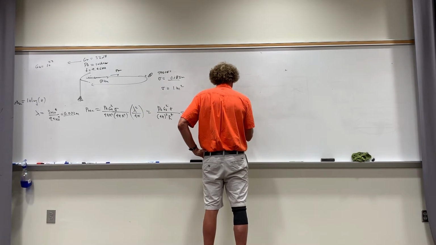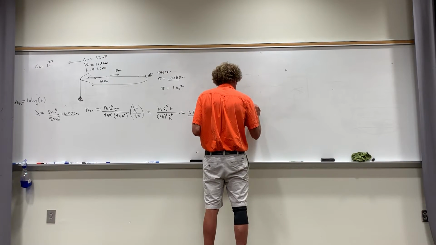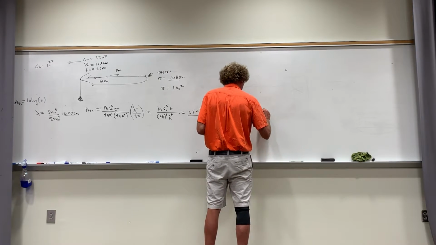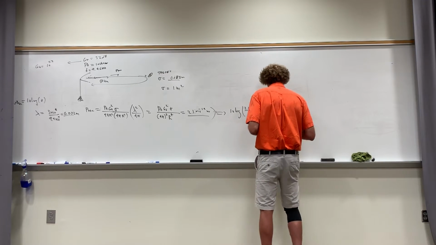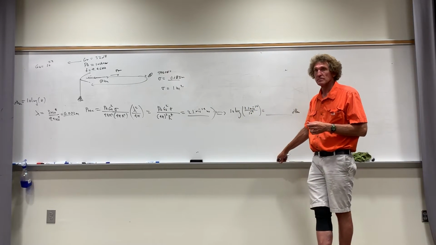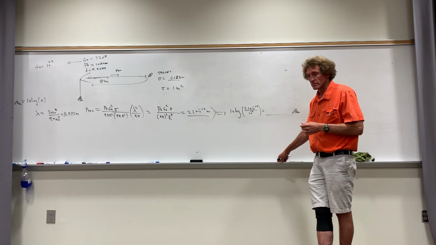It would be 10 times the log of that power, 2.1 times 10 to the minus 14, divided by 10 to the minus 3. So how much is it in dBm? Minus 107.